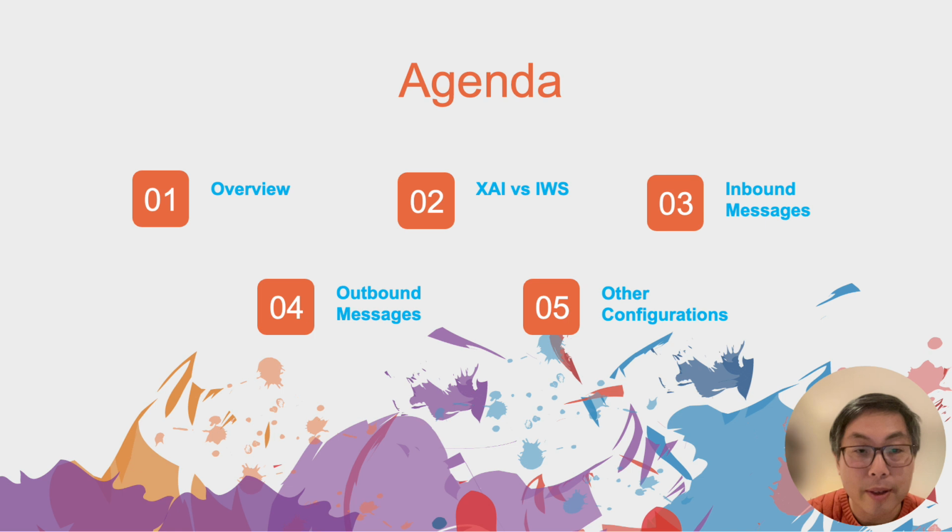We'll look at what the differences are and what to use. Then we look at inbound message and outbound message, how we can set them up in a high-level description, and last we look at some other configuration related to the inbound and outbound messages.